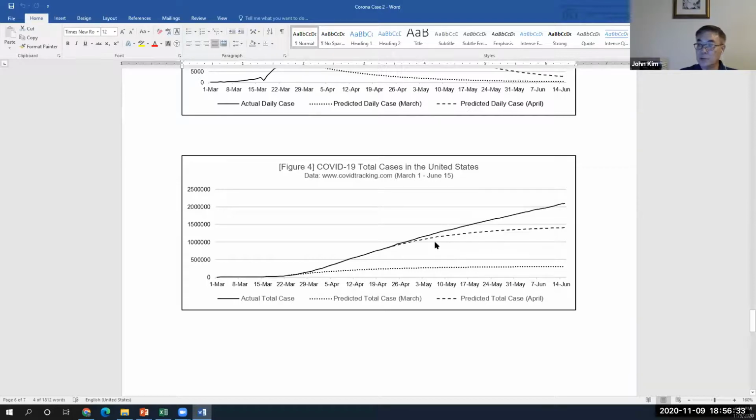So we predicted like this: if nationwide face mask requirement starts in mid April, then this gap, and if nationwide face mask requirement starts in mid March, then this many less infected.